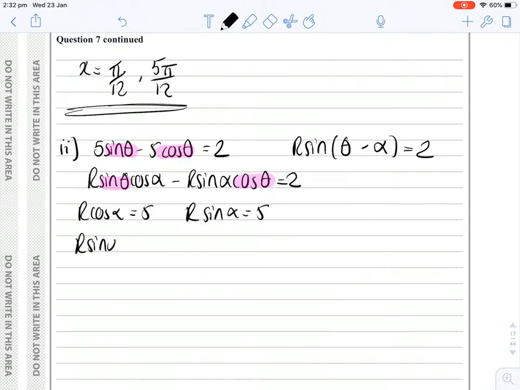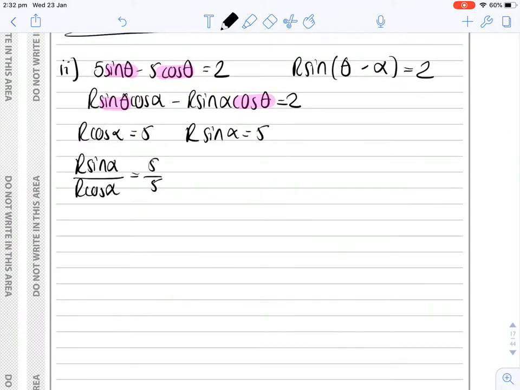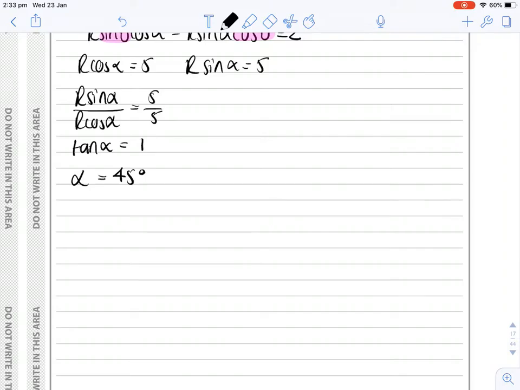So R sine alpha over R cos alpha is equal to 5 over 5. So therefore tan alpha is equal to 1. And then we get an alpha value, inverse tan of 1, so we're going to get 45 degrees. To find R, we square them.